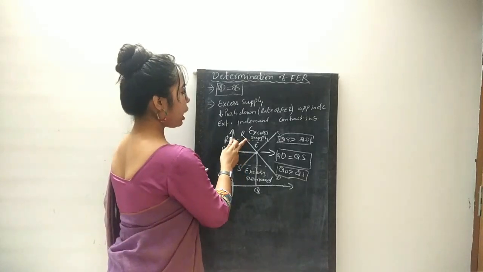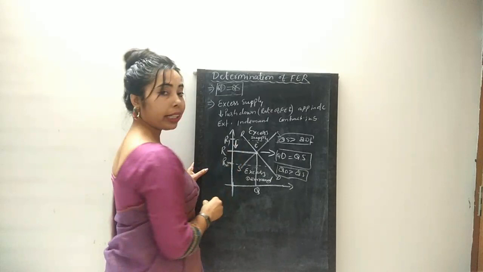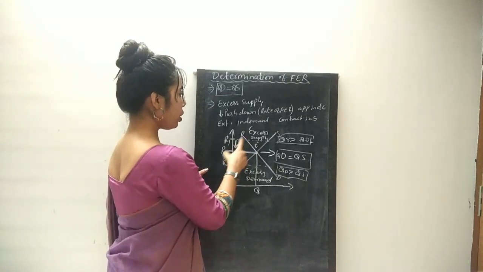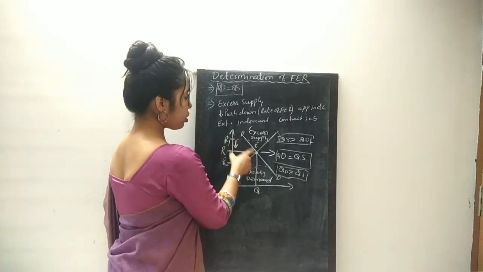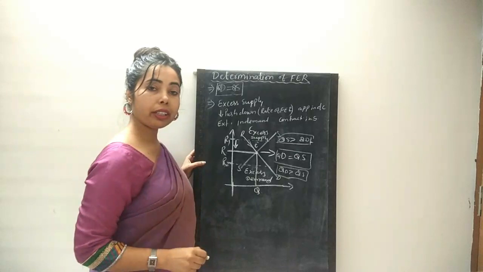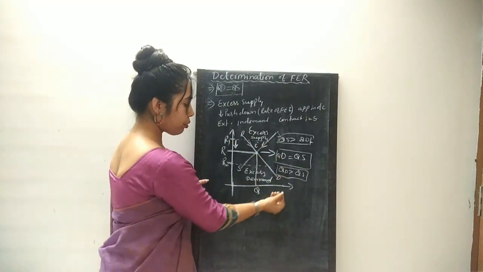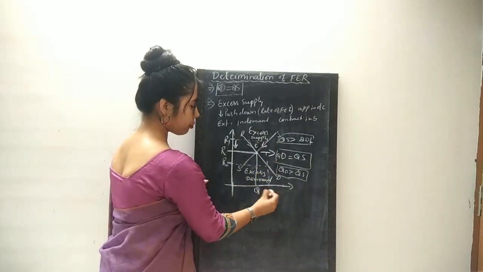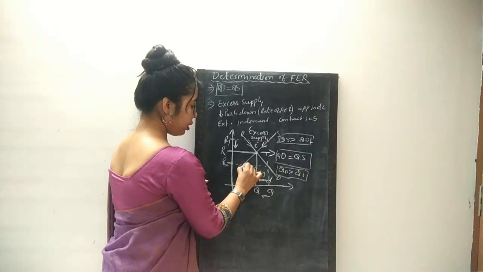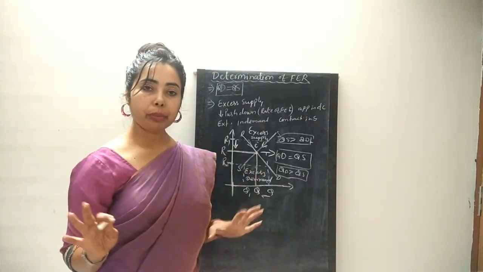The rate of foreign exchange is pushed down. When we push down the rate of foreign exchange, there will be an extension in the demand curve, and there will be a contraction in the supply curve. From this quantity to this quantity, it is decreasing. So that creates a contraction in the supply. Are you able to understand?